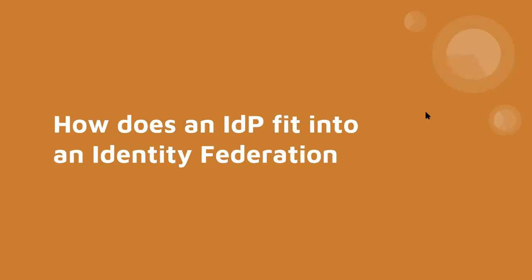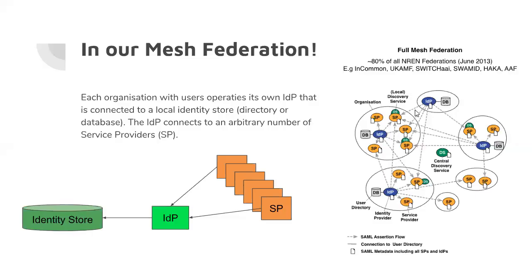So next we're going to have a look at how the IDP fits into the identity federation. In our mesh federation, each organization operates its own IDP that is connected to its own local identity store, be it a directory or a database, and the IDP connects to an arbitrary number of service providers. So you can see the picture on the left is just a single IDP talking to many service providers.